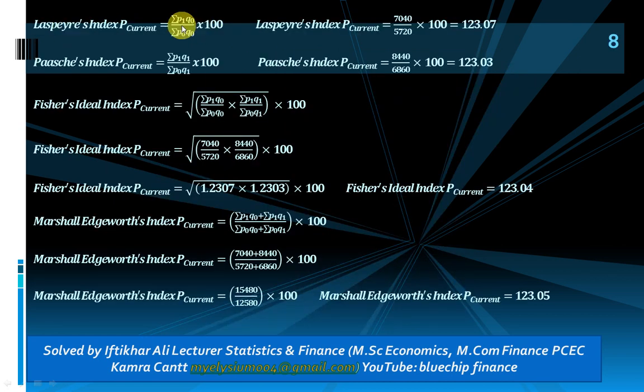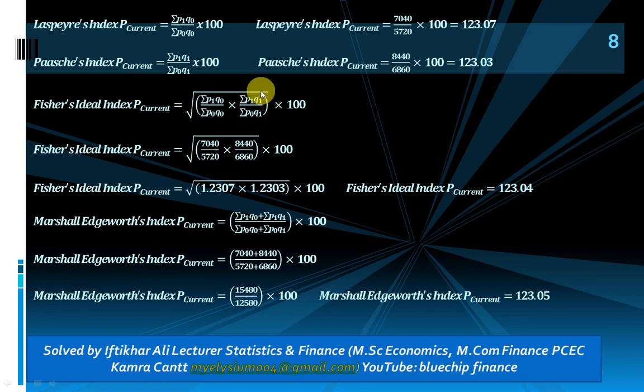Laspeyres index is equal to sum of P1Q0 divided by sum of P0Q0 multiplied by 100, and Paasche index will be sum of P1Q1 divided by sum of P0Q1 multiplied by 100. After putting the values into these two formulas, Laspeyres index will be 123.07 and Paasche index will be 123.07. Now Fisher's index: first of all we take the product of Laspeyres and Paasche, sum of P1Q0 divided by sum of P0Q0 multiplied by sum of P1Q1 divided by sum of P0Q1.